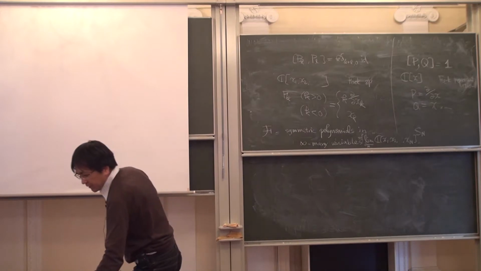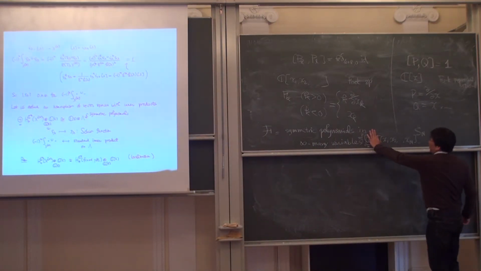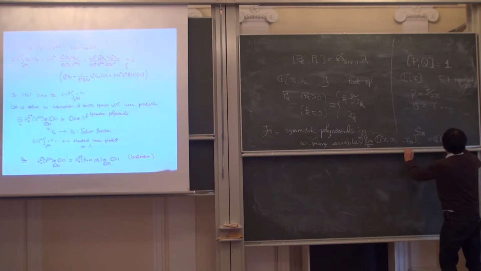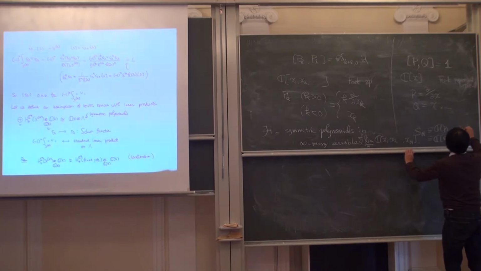But anyway, I hope you all know that the ring of symmetric polynomials is a polynomial ring in elementary symmetric functions, or it is also isomorphic to a polynomial ring in power sum symmetric functions.